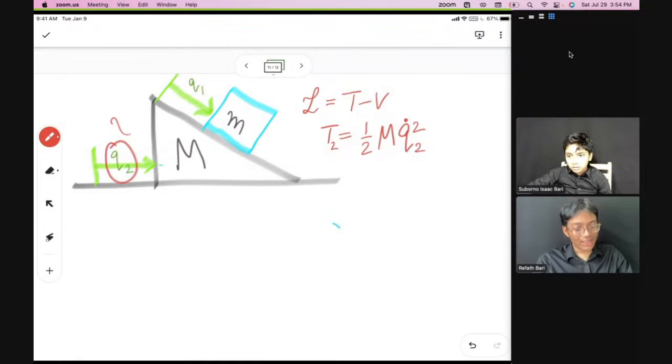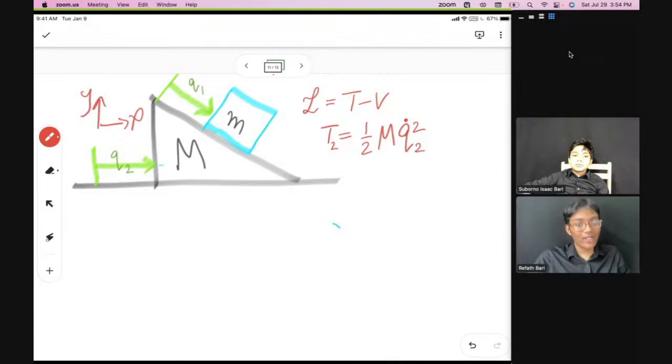Yeah, q2 I can just write x2 if that makes you more comfortable. But do we have to use two separate coordinates? These are general coordinates because x and y are traditionally in these directions. So these are general coordinates, and we're going to express them in terms of x and y later on.